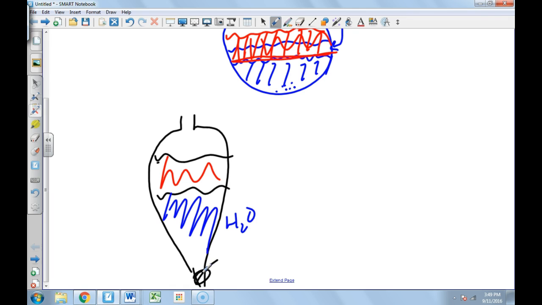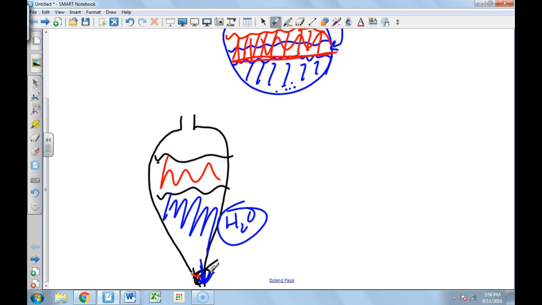Now, if you are a really good chemist, a good habit to get into is to take the water layer, because there are two holes in this thing. The water layer is going to drain out the bottom. In this case, 90% of the time it's water.